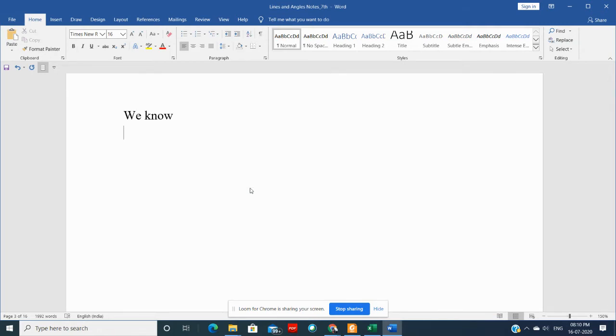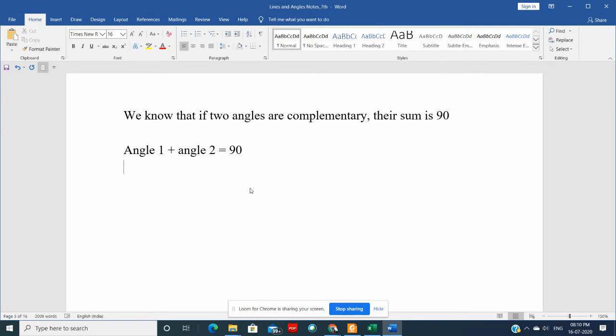We know that if two angles are complementary, their sum is 90. Naturally. So if we say angle 1 plus angle 2, that comes to 90.